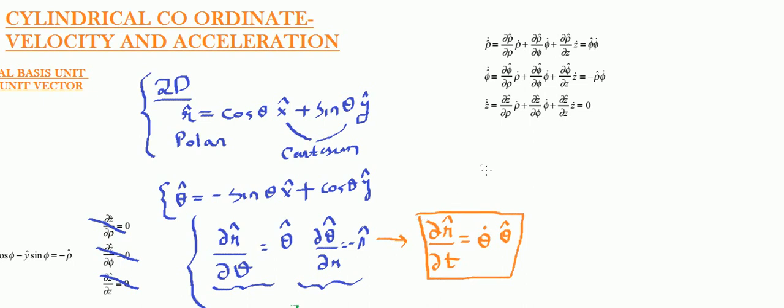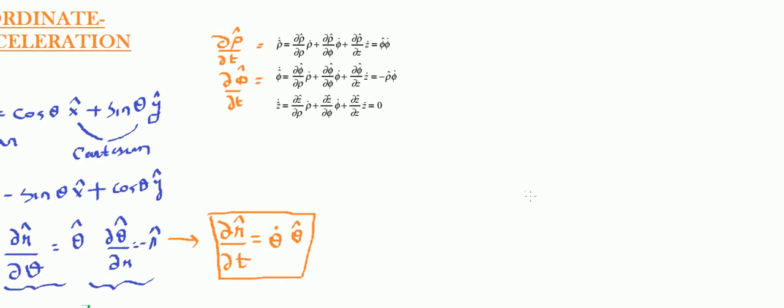Similarly, here also we can calculate rho cap dot, which is nothing but d rho cap divided by dt, and d phi cap divided by dt. So why are we finding all these terms? Because they will help us in calculating velocity and acceleration. This is clear.